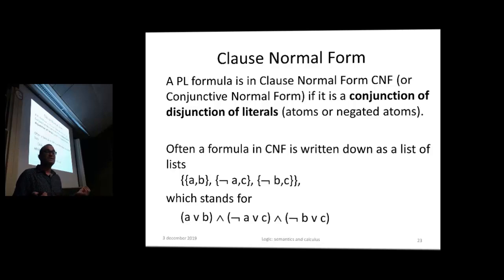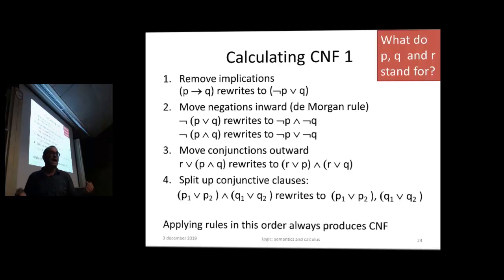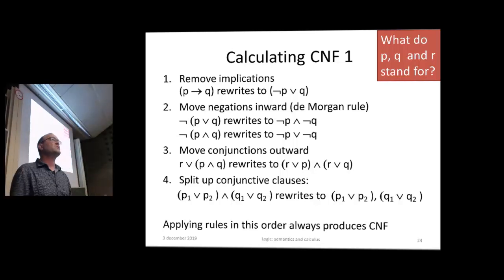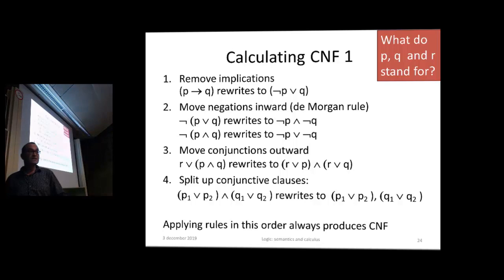And the nice thing is that every formula in propositional logic can be transformed by a very simple algorithm into this clause normal form. This is a very simple algorithm, and it's just something you need to practice in order to be able to do it relatively fast in an exam. That's the first step. You have 5 rules.